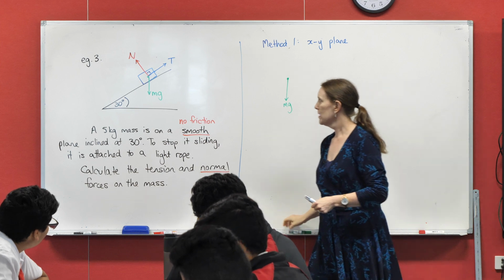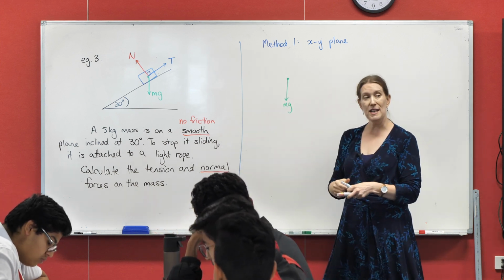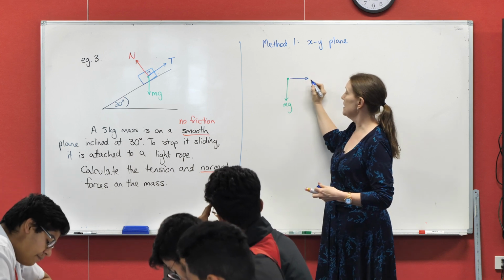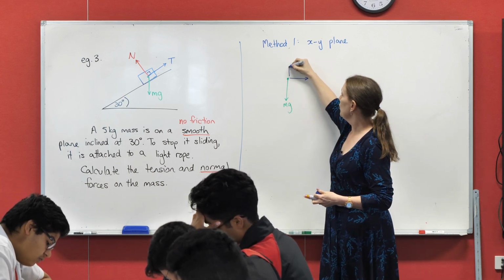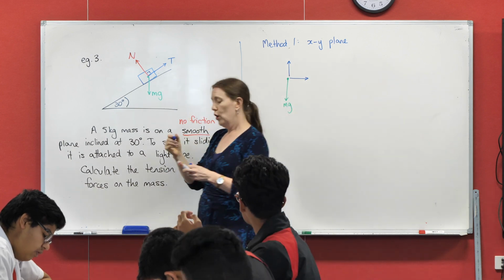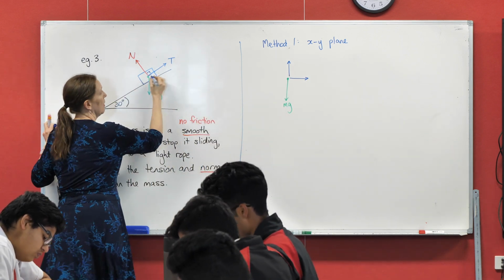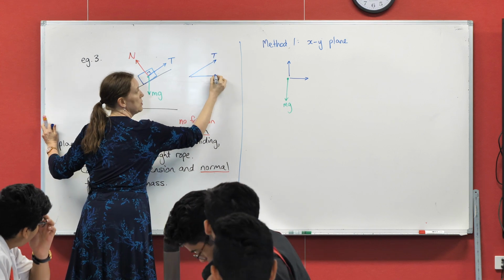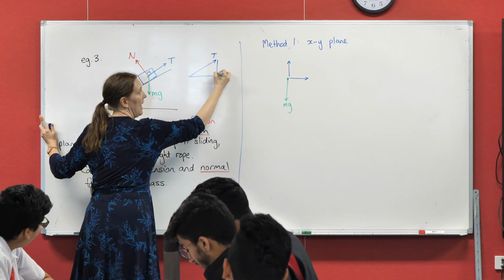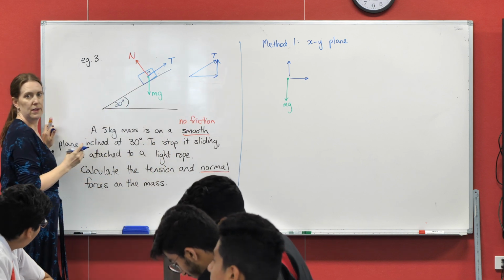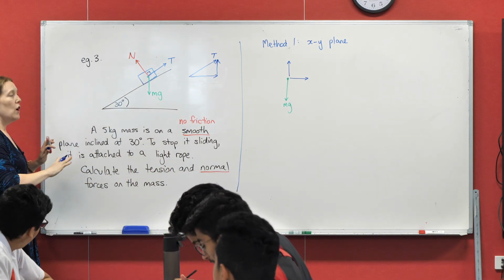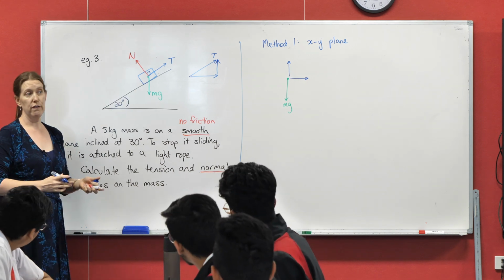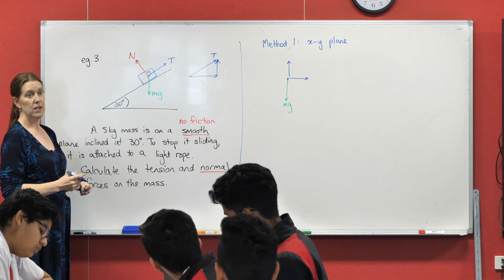Good to go. Next, I'm going to take my tension force and I want to resolve it into a component this way and a component this way. On our original graph, I'm just going to pull it out here. There's my tension force and I'm resolving it into a component this way and a component this way. I need an angle. What's the angle that I need for this tension force? 30 degrees.